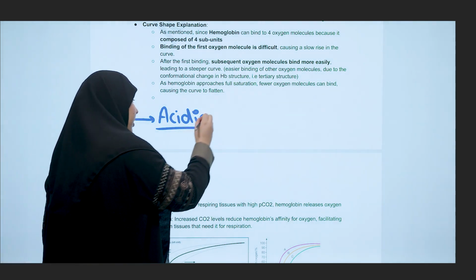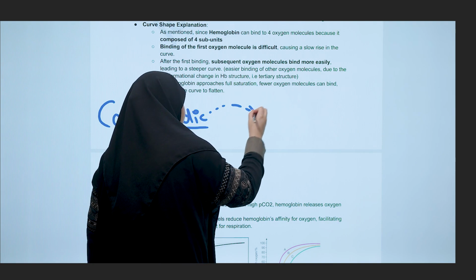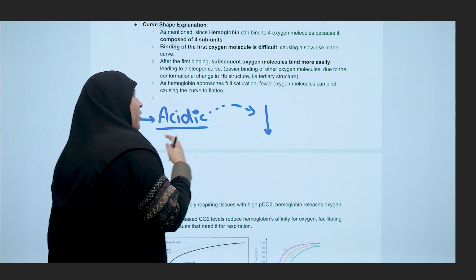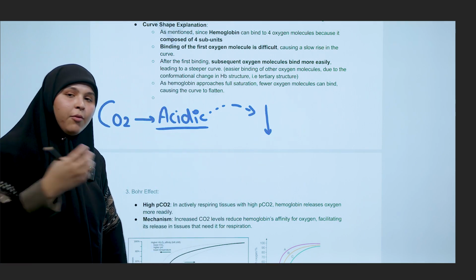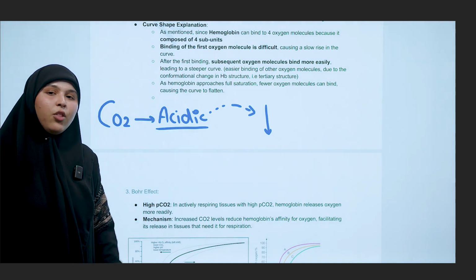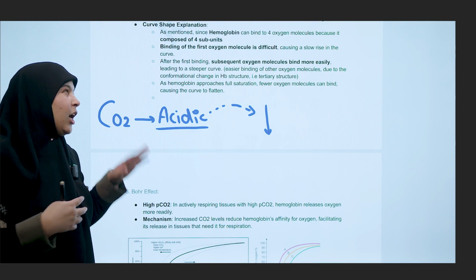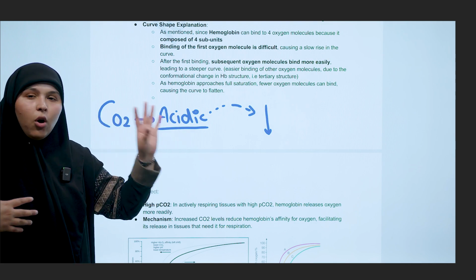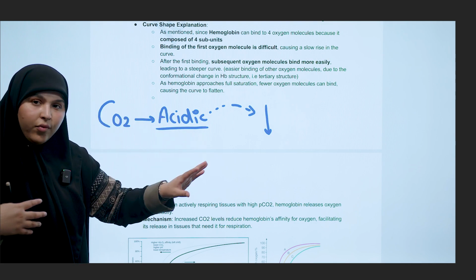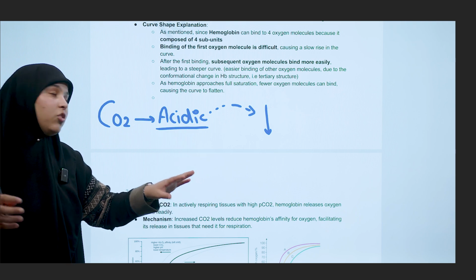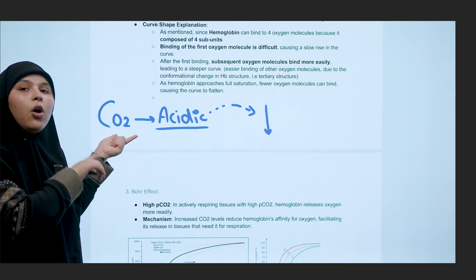It will cause the blood pH to decrease, right? Now, the idea is that some of the carbon dioxide will be loaded, the other will bind through carbonic anhydrase, forming hydrogen carbonate. You don't need to know all of these details. However, what's in your specification is you need to know the effect of carbon dioxide on this curve.